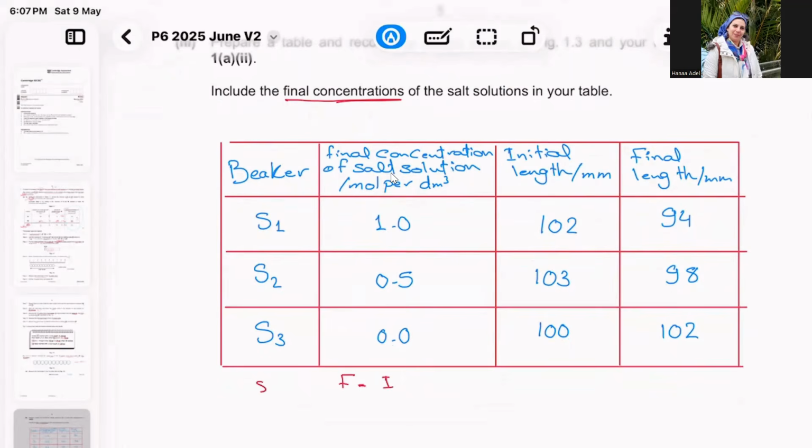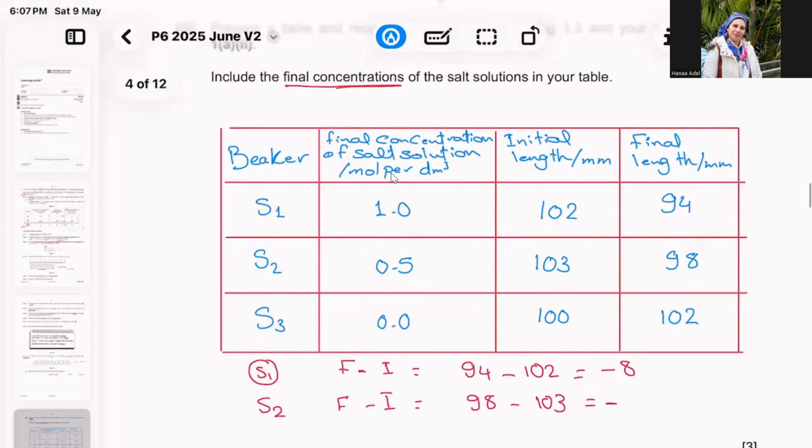For S1, final, which is 94, minus 102 is equal to negative 8. This means that it decreases by 8. What about S2? Final minus initial: 98 minus 103 is equal to negative 5. So it decreases by 5.